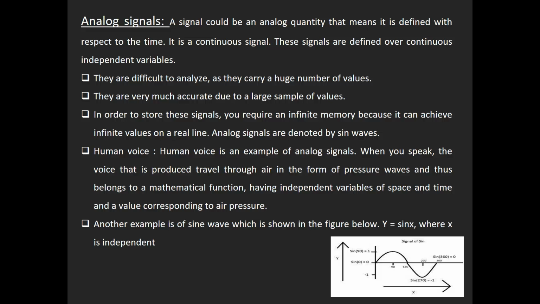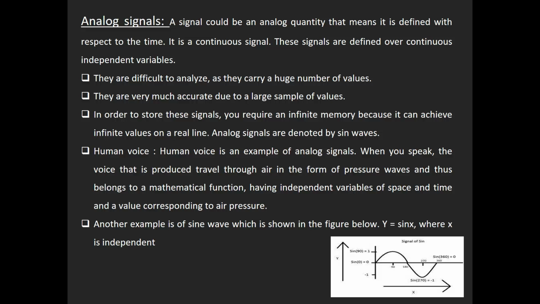Analog signals are denoted by a sine wave. For example, the human voice is an example of an analog signal. When you speak, the voice that is produced travels through air in the form of pressure waves, and thus belongs to a mathematical function having independent variables of space and time and a value corresponding to air pressure.